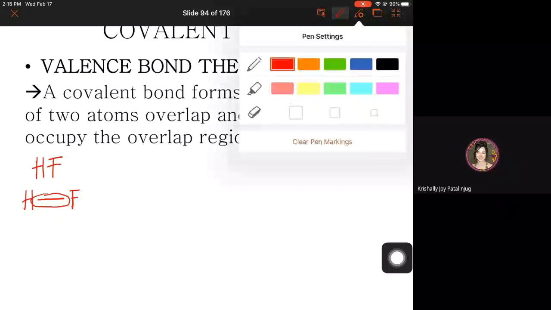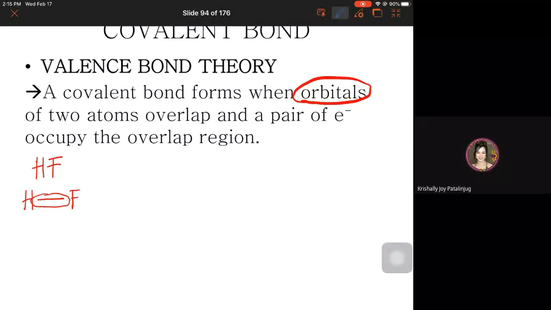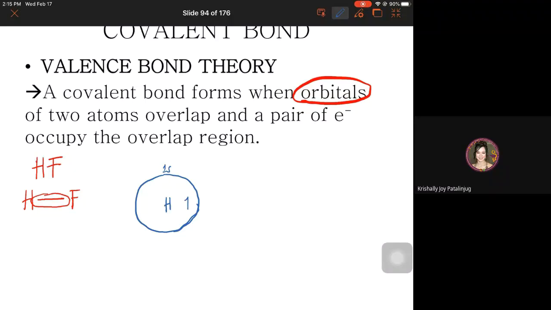We all know already that a hydrogen has one valence electron that resides on its 1s orbital. So let's say, for example, this is the 1s orbital, a 1s orbital with one unpaired electron. Now, what about fluorine?